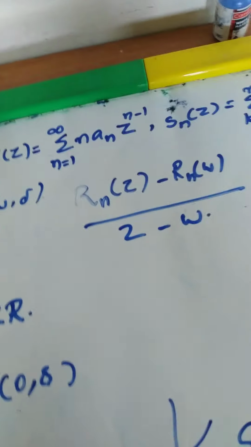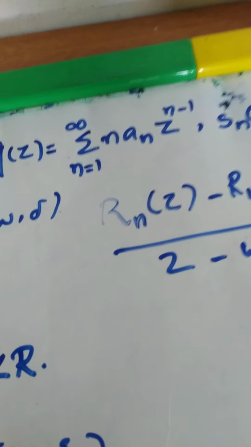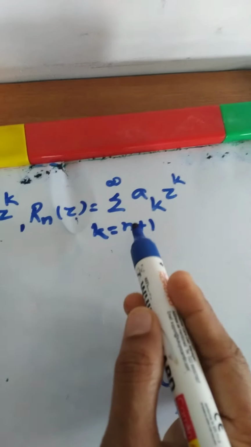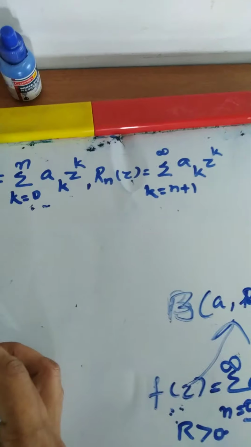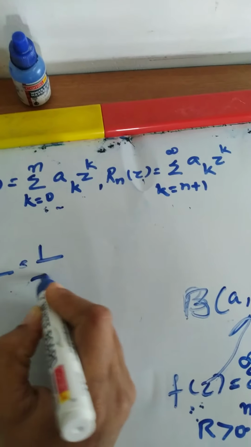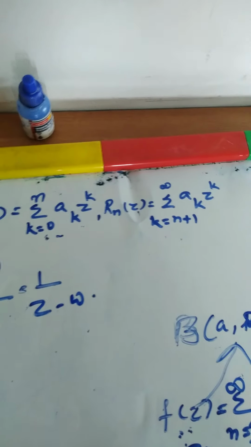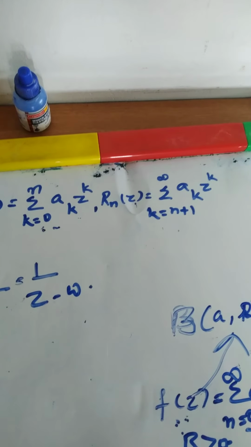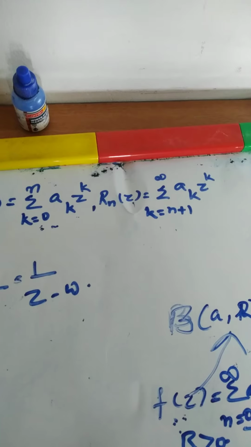Rn of z minus Rn of w divided by z minus w. You know what your Rn is here. So Rn of z minus Rn of w is equal to 1 by z minus w, where Rn of z is the summation of ak z raised to k, and Rn of w is the summation of ak w raised to k.